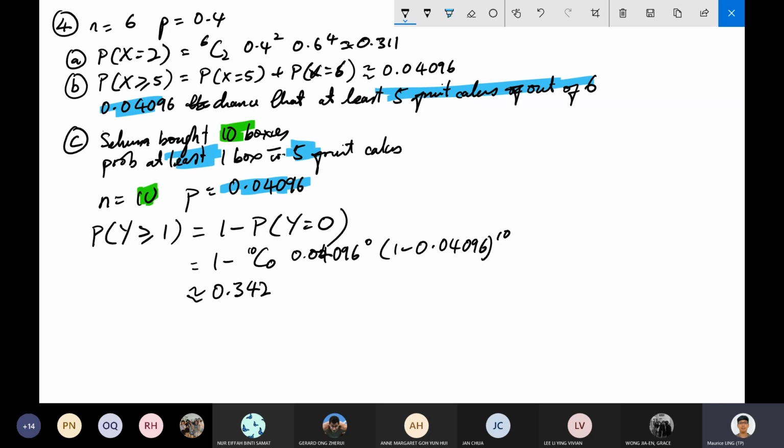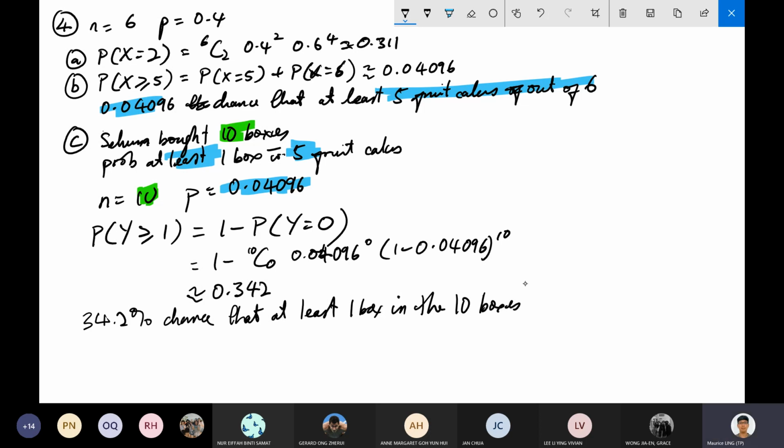Okay, so you have a 34.2% chance that at least one box in the 10 boxes bought contains at least 5 fruit cakes.